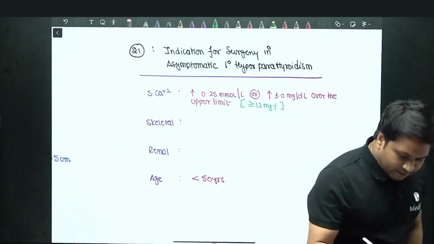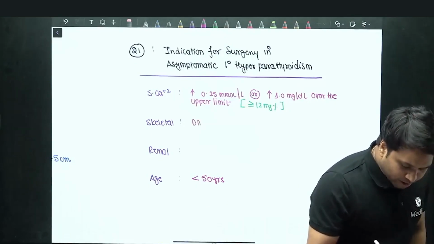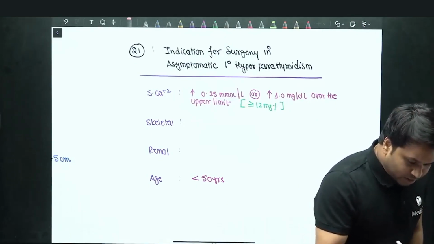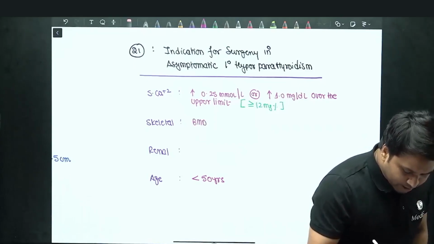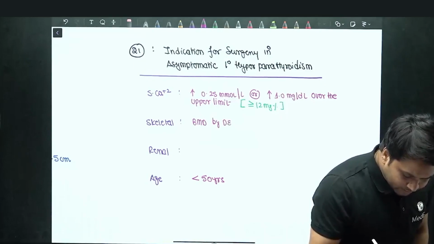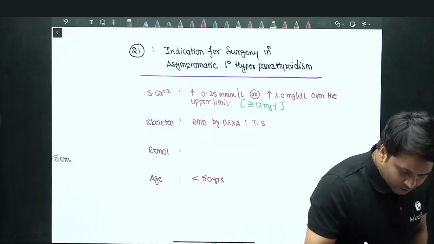In skeletal, I will do something called the bone mineral density. I will measure BMD, the bone mineral density, by DEXA scan. I'll do a DEXA scan. I'll measure something called the T score.